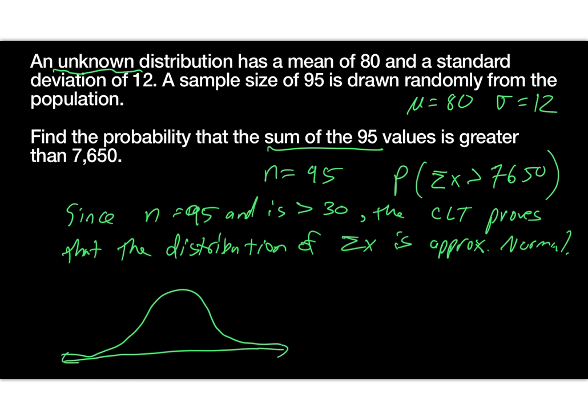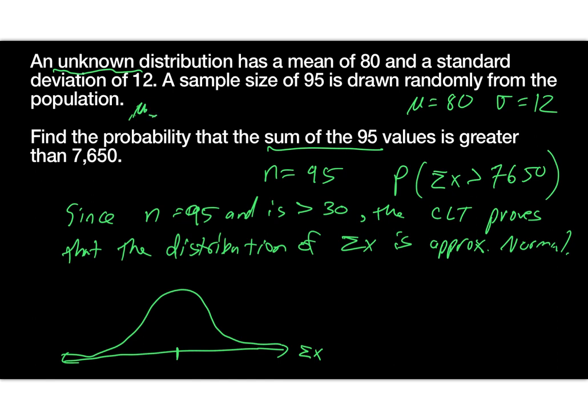And my variable here is the sum of my x's. It's not x. It's not the average of the x's. It's the sums of the x's. And my mean, when I'm doing sums of x's, that's where that formula set was.